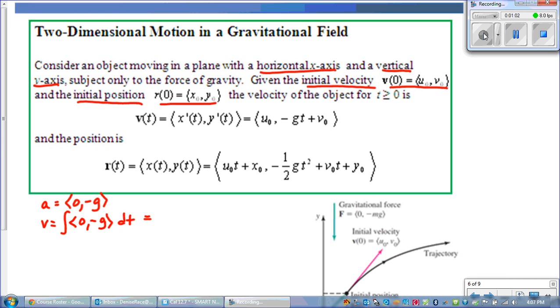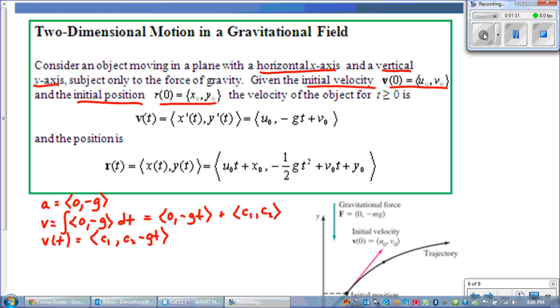The antiderivative of the vector 0, minus g will be 0, minus gt. I'm just finding the antiderivative for each of the components, plus some constants c1, c2. So that means that v of t is equal to c1, comma, c2 minus gt.